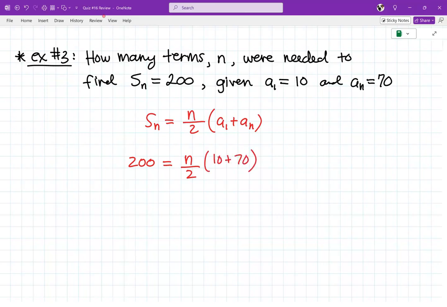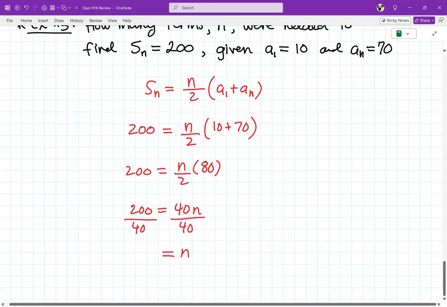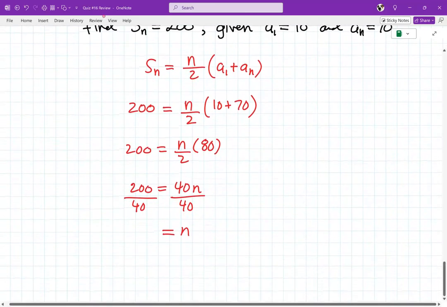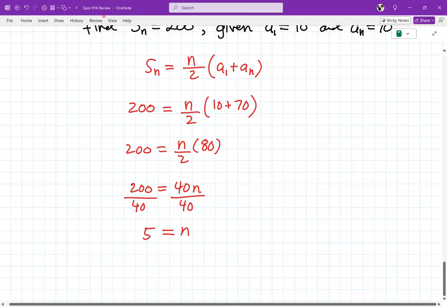A sub n is 70. 10 plus 70 is 80. 80 divided by 2 is 40. So that's 40n. And then if I divide both sides by 40, what do I get for n? It's a small number. It's 5. And that's it. This is my answer.